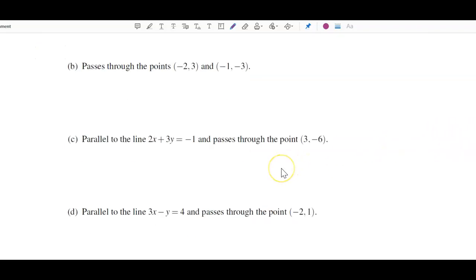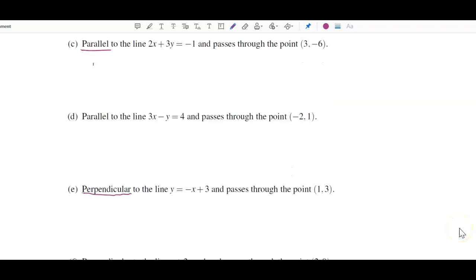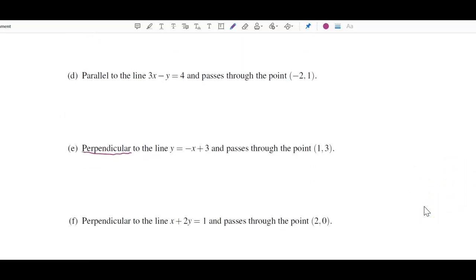Also remember, if it tells you the line is parallel or perpendicular to a given line, parallel lines have the same slope and perpendicular lines have opposite reciprocals. So I would suggest that you go back through that and do parts of number 17 there.